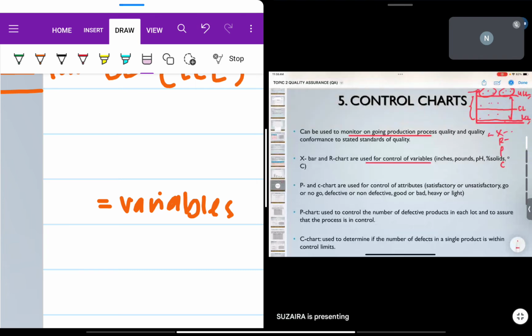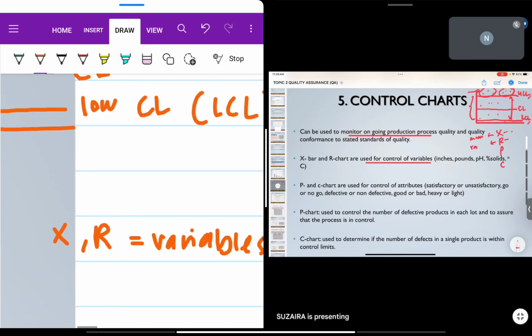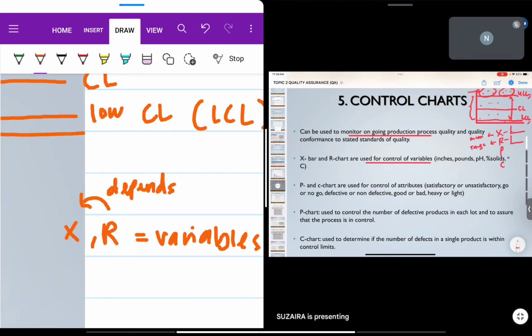X means mean or average, whereas R means range. The mean is the average of the sample, but for the range we need a few sets of data, from the highest to the lowest. So we have one R chart and another for the X chart.